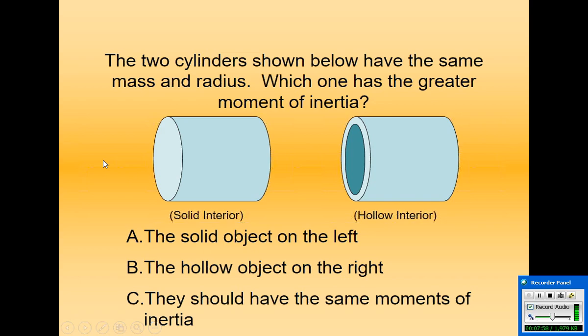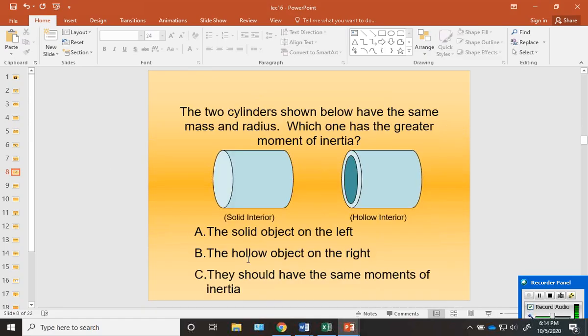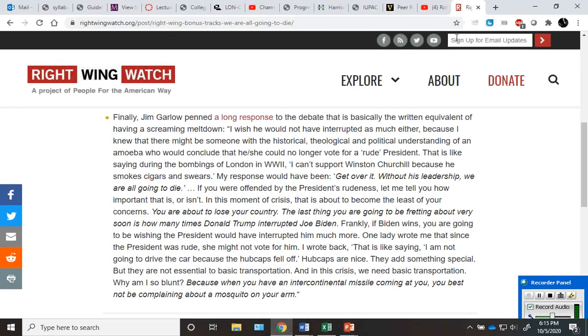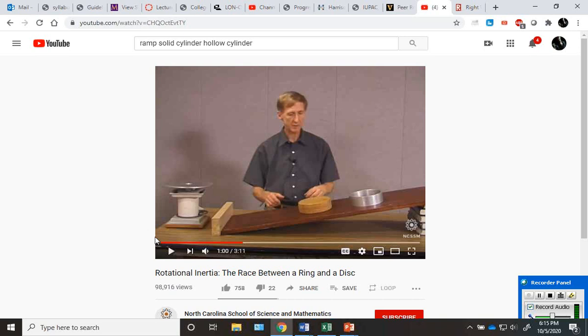I want to show you the effect of different moments of inertia. And so there's a video right here of two objects being rolled down a ramp. So I'm starting at the 1 minute mark because the experimenter shows you the two different objects so you can see that they're basically the same size, but one of them is a solid and the other is a hoop.